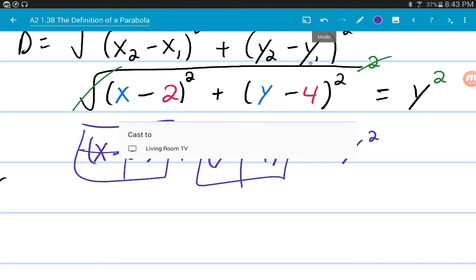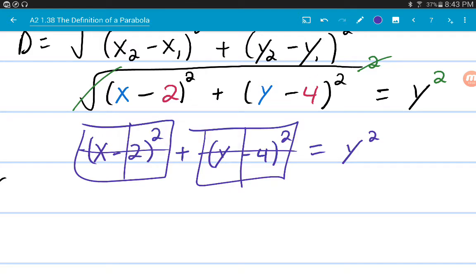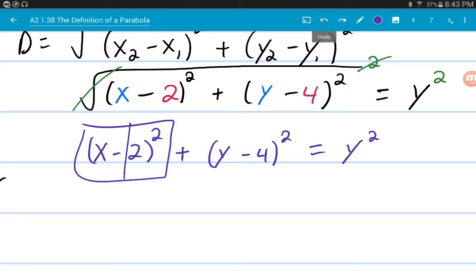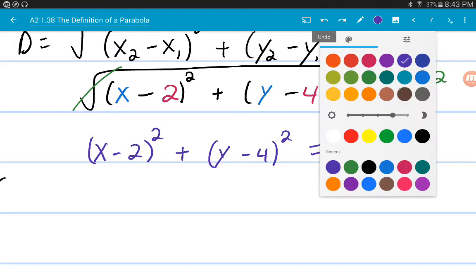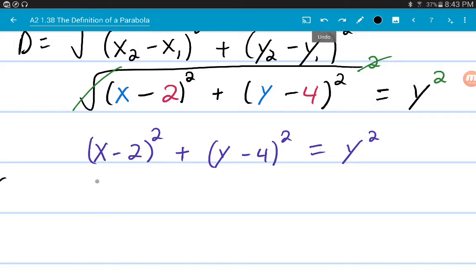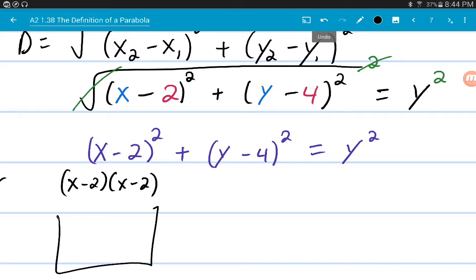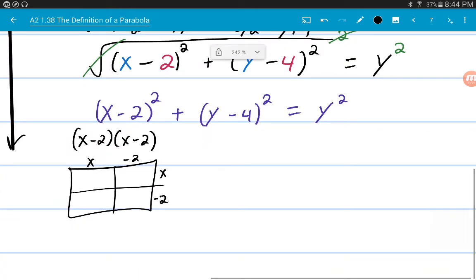If you're not sure why, I'll show you. This right here means x minus 2 times x minus 2. How would you multiply that? A box method. X minus 2 and x minus 2. I'll show you one, but the other one I'm going to use the mental shortcut for.